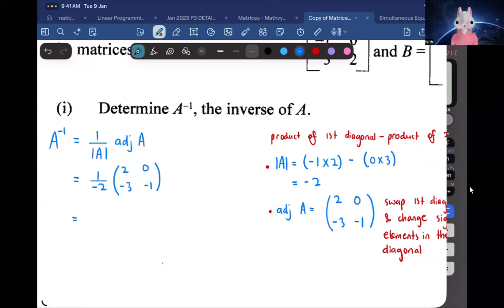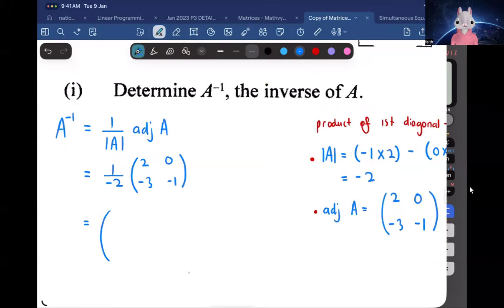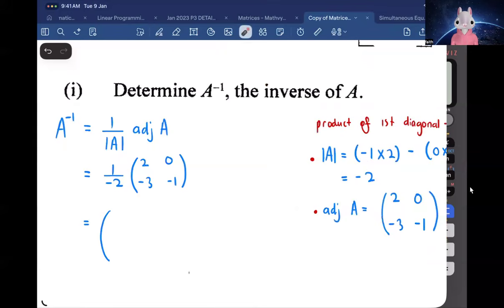You can plug that into your calculator: 1 over minus 2, multiplied by 2.